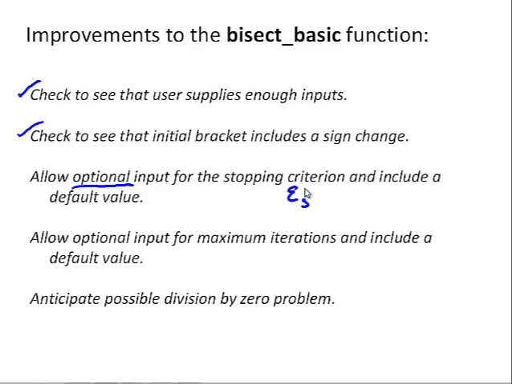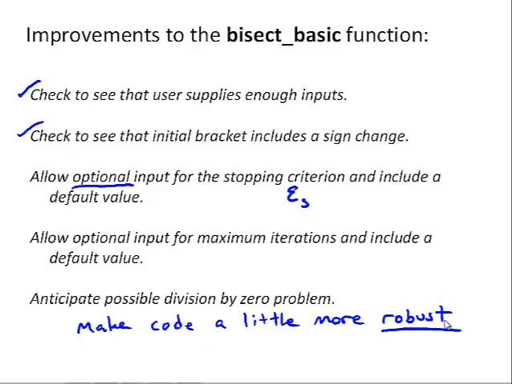We'll do the same for the maximum iterations. And lastly, we'll anticipate a possible division by zero problem and put a check in there that will make the code a little bit more robust. In other words, less likely to crash when it shouldn't. So let's look at some code that implements the first 4 of these improvements.